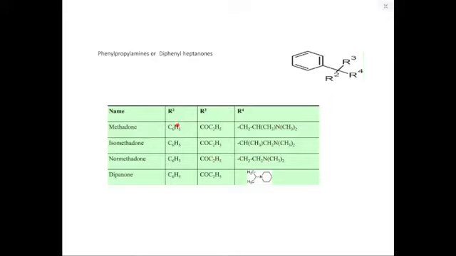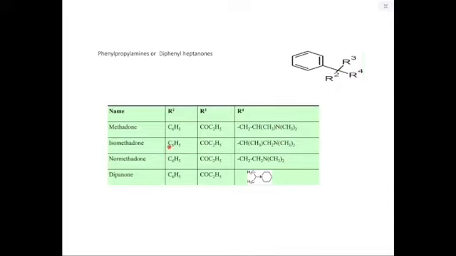One is a benzene ring, sorry, so it's a diphenyl, a benzene ring, and a ketone.